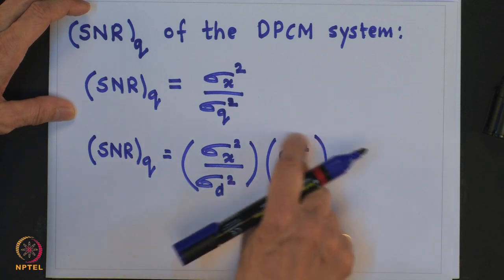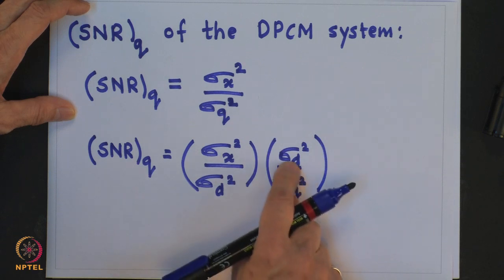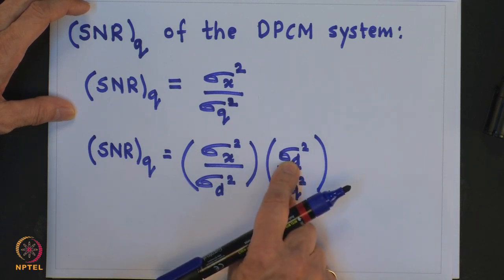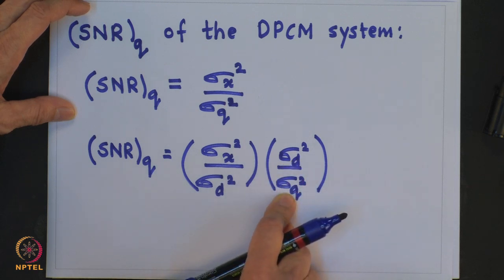Now, this is the property of the quantizer. The difference sequence is input to the quantizer and this is the quantization noise associated with that quantizer.